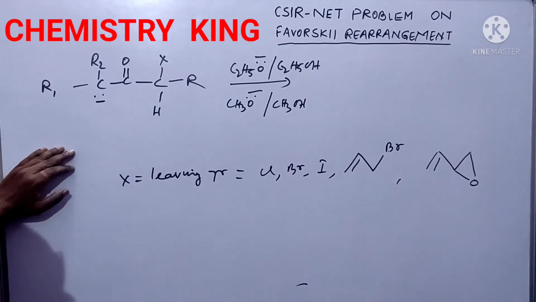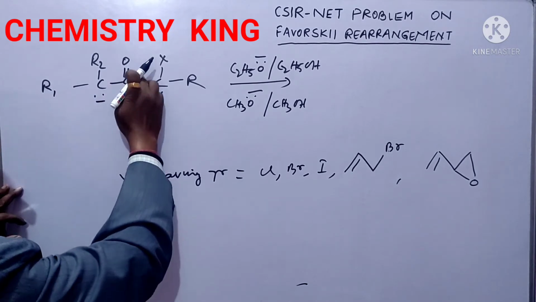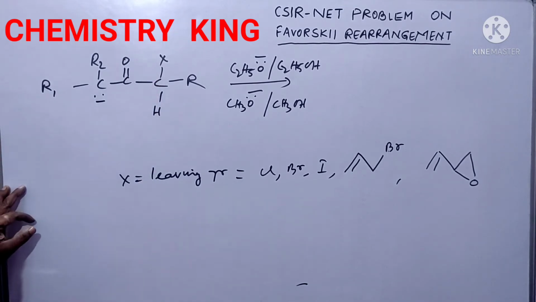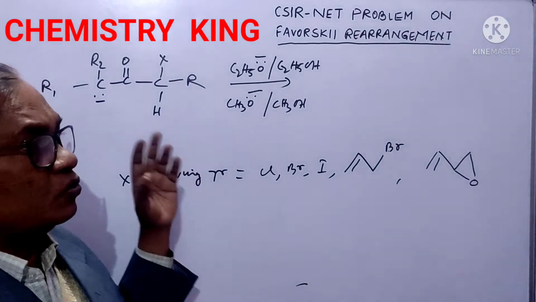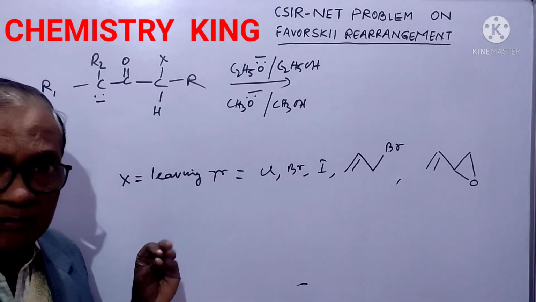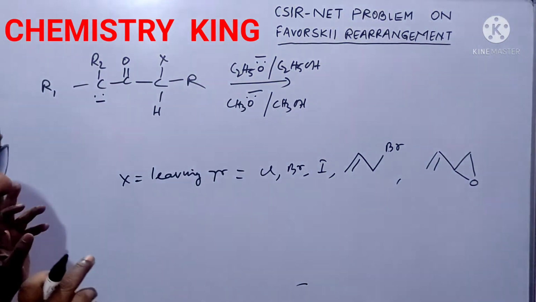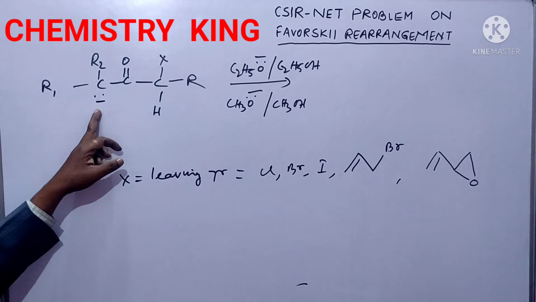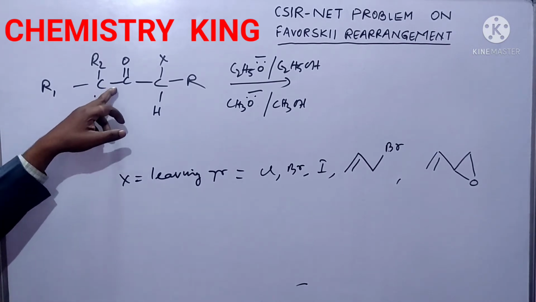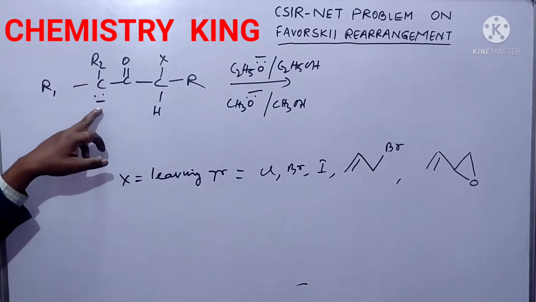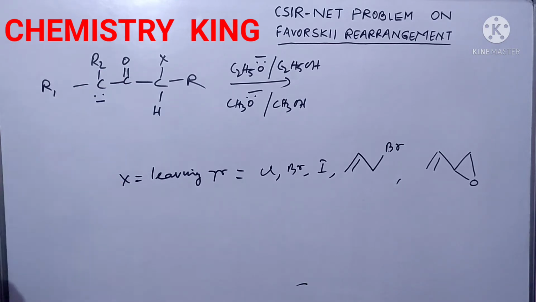minus charge will be here, and this minus charge is in conjugation with this pi bond. These two alkyl groups, of course, these two R1, R2 will donate electron pair, and this results in increase of negative charge here, but it is resonance stabilized because it is in conjugation with this pi bond.